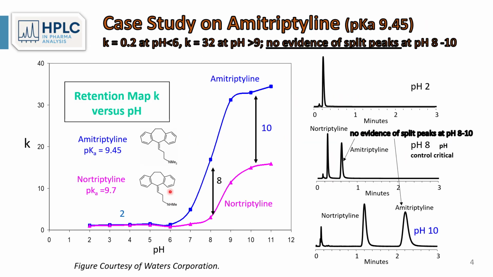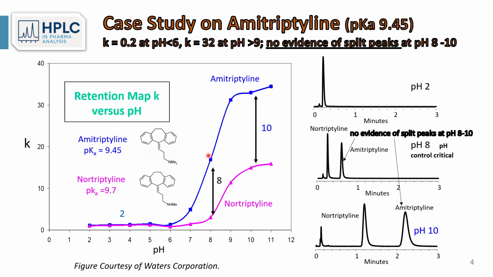I've shown here a case study on the separation of two bases, which are antidepressants, amitriptyline and nortriptyline. This figure is courtesy of Waters Corporation, where we do isocratic separation under the same solvent strength, the same level of mobile phase B, acetonitrile and methanol, but varying the pH.